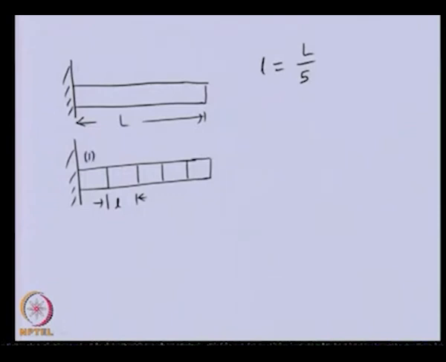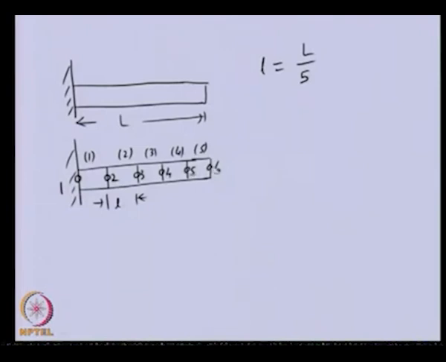So, element 1, element 2, element 3, element 4, element 5, and between two elements there is a common interface, and that we call a node. So, we have node 1 here, node 2, node 3, node 4, node 5 and node 6.